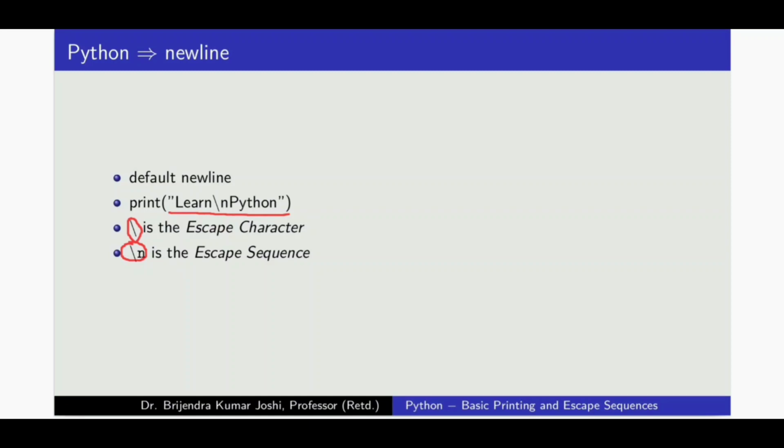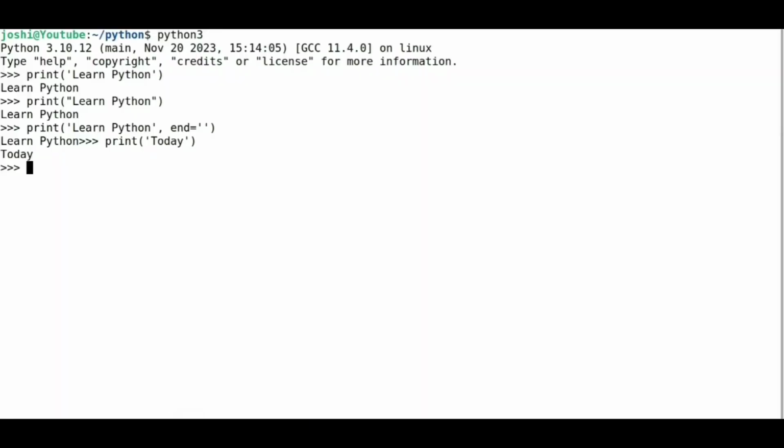So wherever it appears, the following character is printed on the first column of the next line. So like this, let me type for you: print learn \n Python.